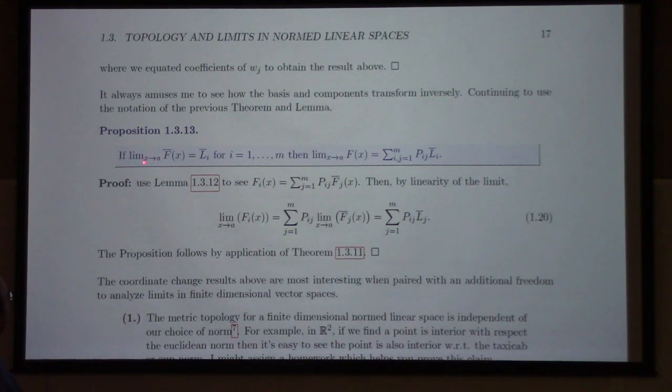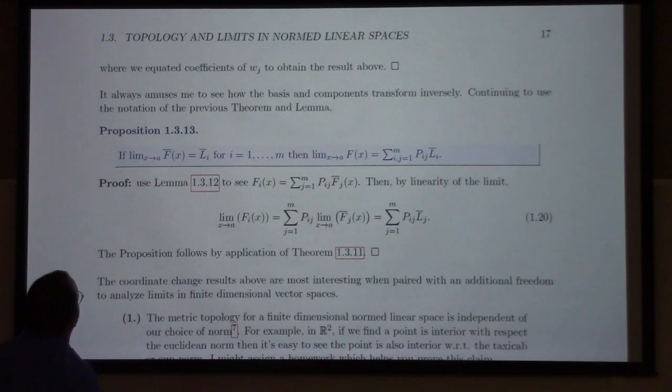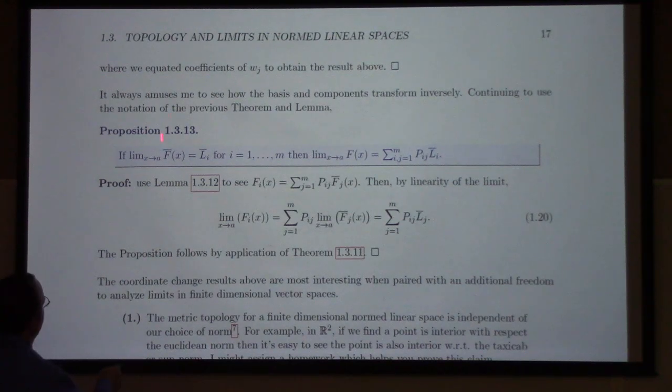Now, if the limit of the, what? Come on. Seriously? There's an i missing here, f bar sub i, okay? Sub i is a component function with respect to the barred basis, is equal to that for each one.